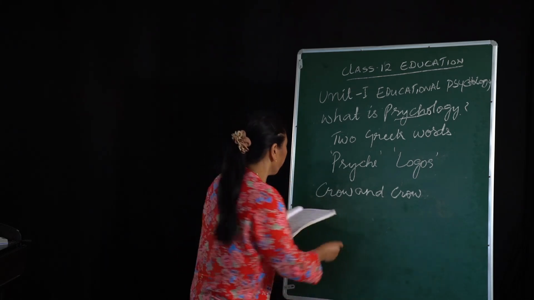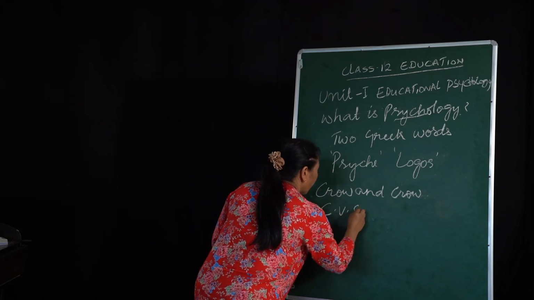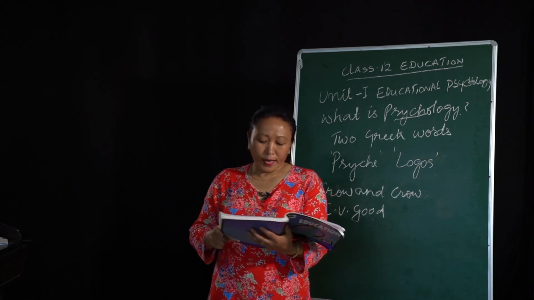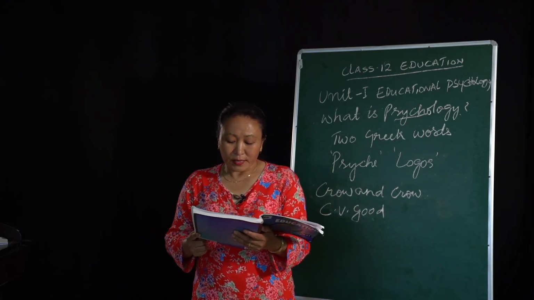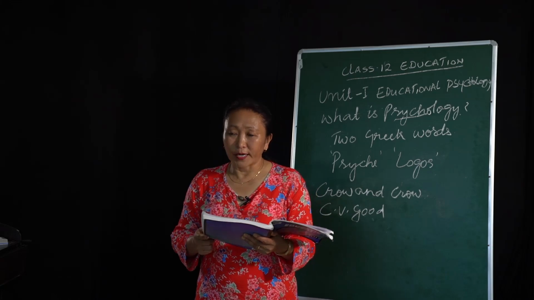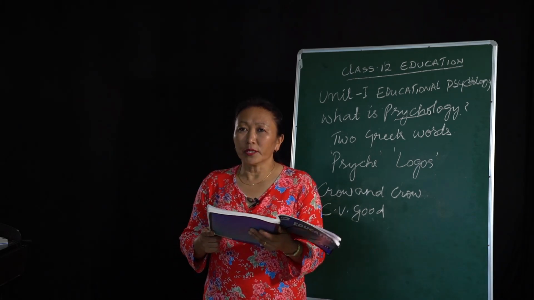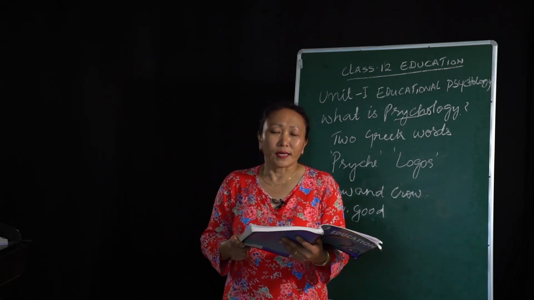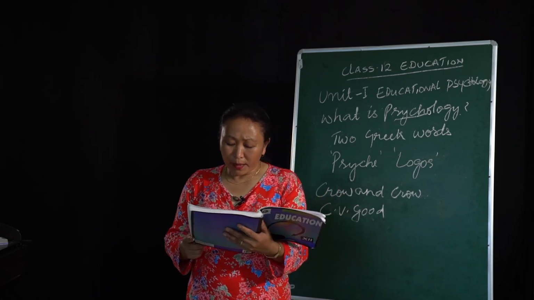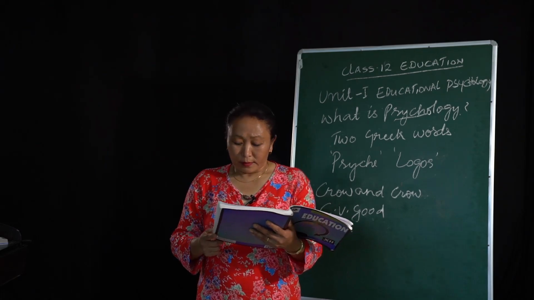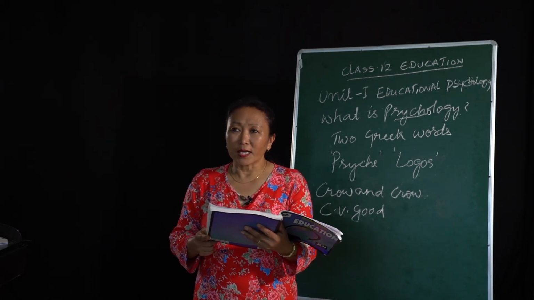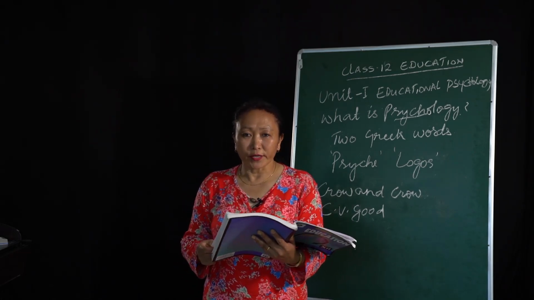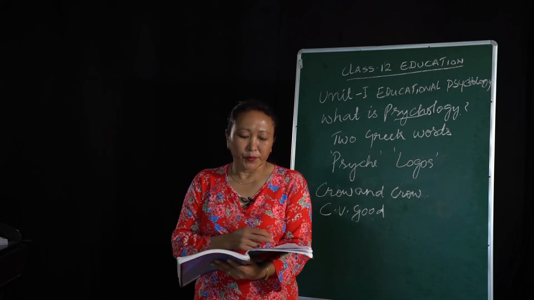C.V. Good defines psychology as the study of adjustment of organism, especially the human organism, to changing environment. A close analysis of this definition makes us conclude that psychology is the science of behavior or scientific study of the behavioral activities and experience.